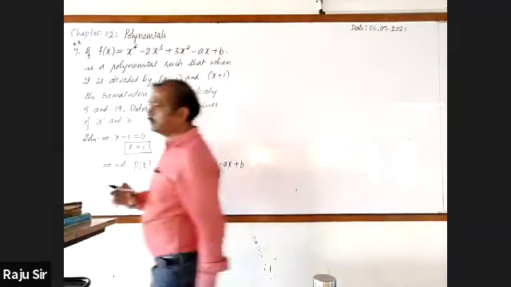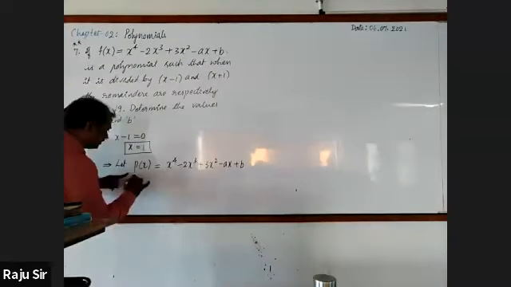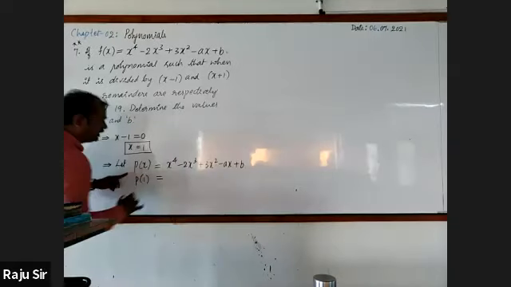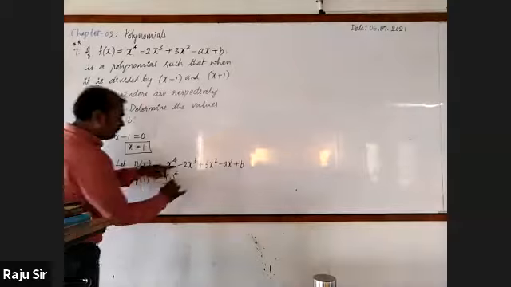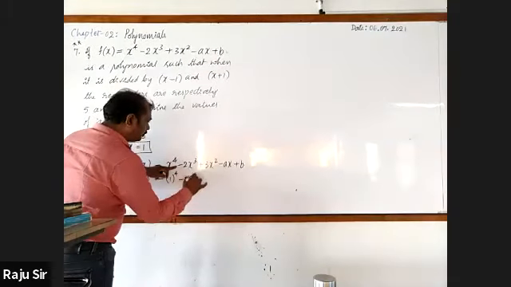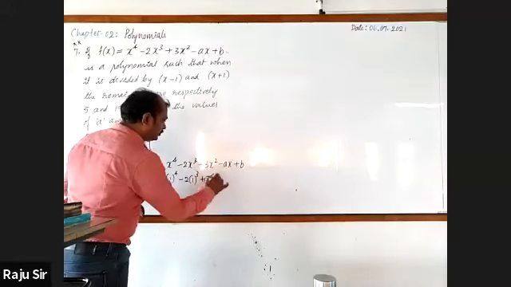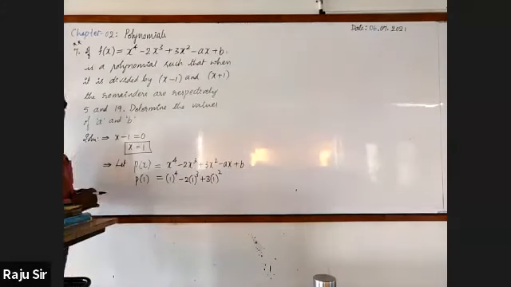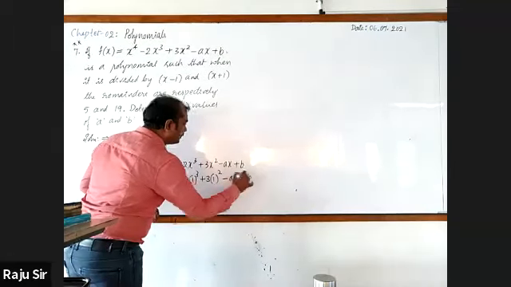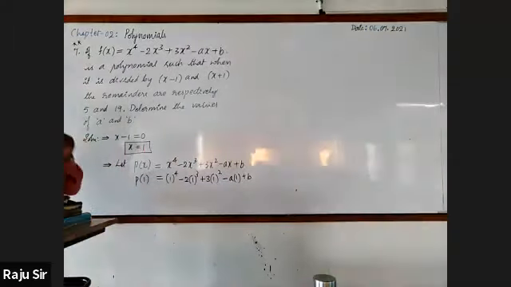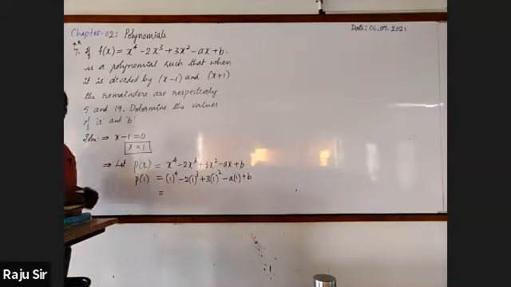Now you may substitute 1 in place of x here. P of 1 is equal to 1 whole raised to the power 4 minus 2 into 1 whole cube plus 3 into 1 whole square minus a into 1 plus b. Now let us simplify each term.